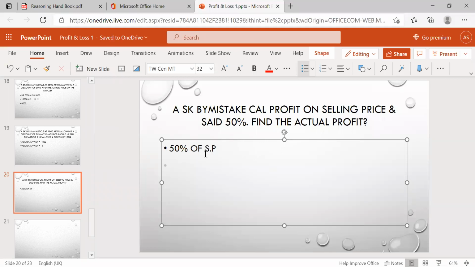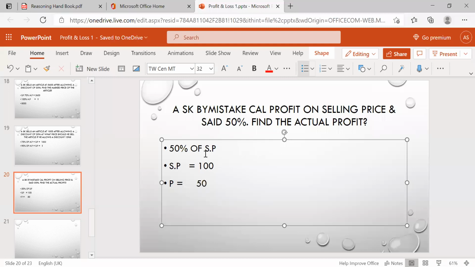Suppose the selling price is 100 rupees, and he calculated on this and said 50% is profit. That means what's the profit here? 50% of 100 is nothing but 50.